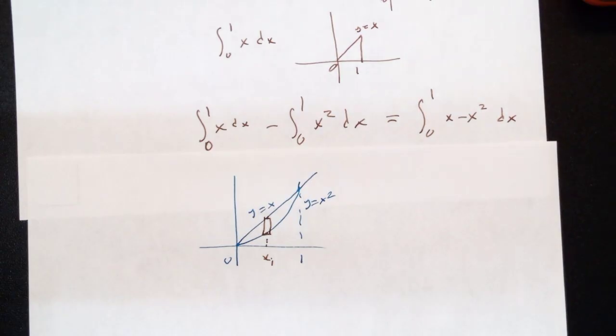Now the height of the box doesn't go all the way to the x-axis, but the height of the box can still be determined by taking the top minus the bottom.